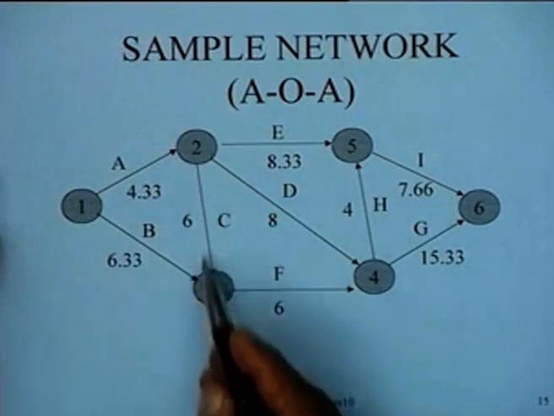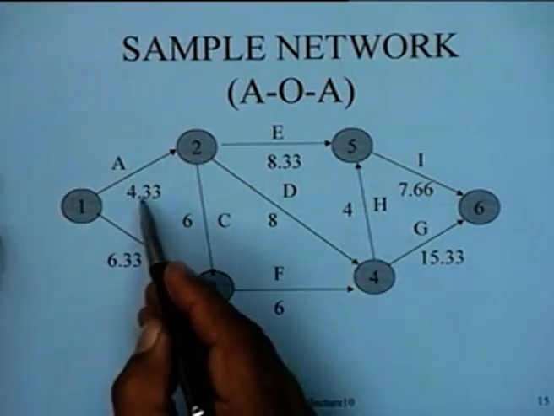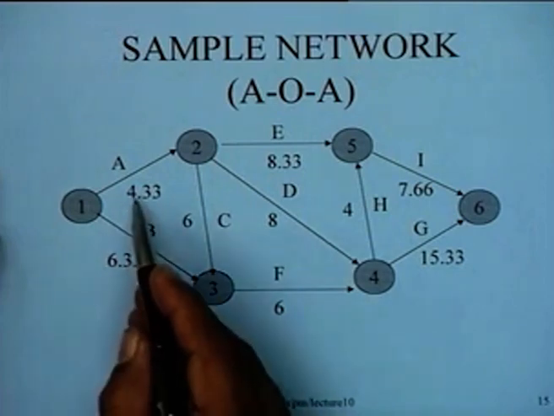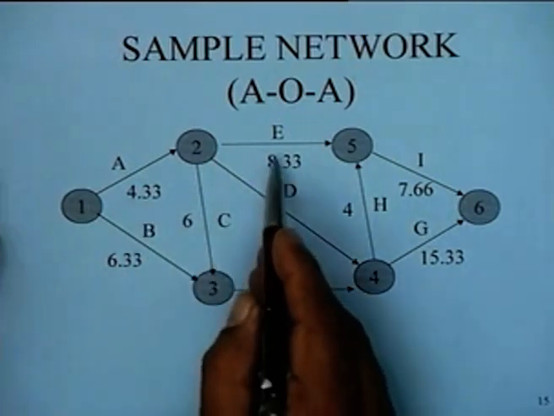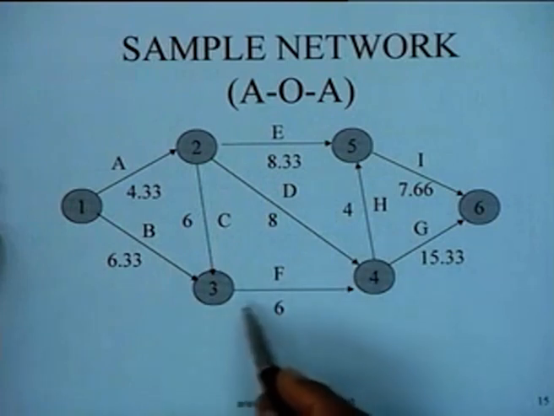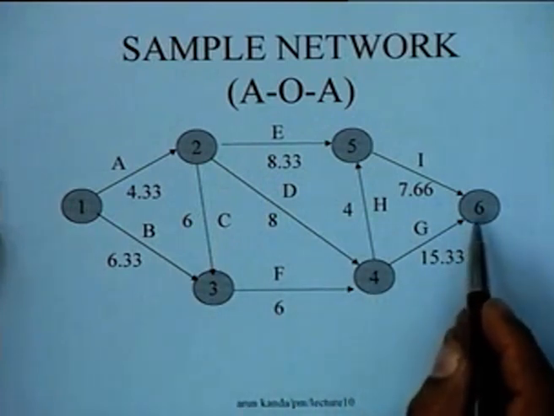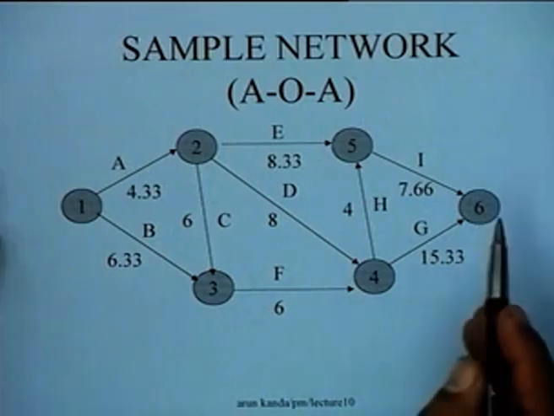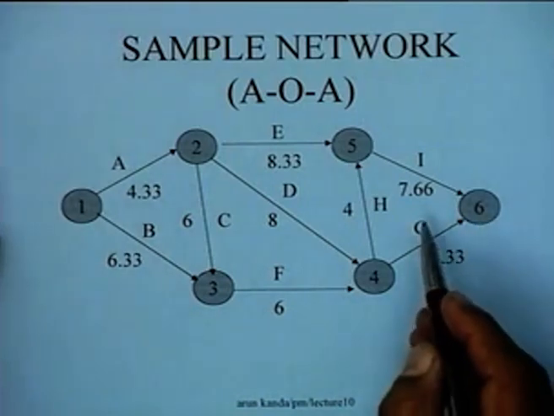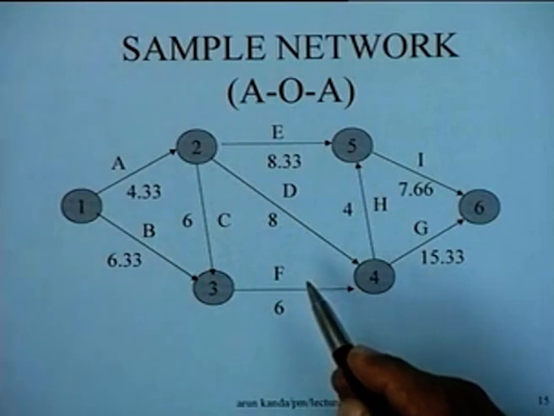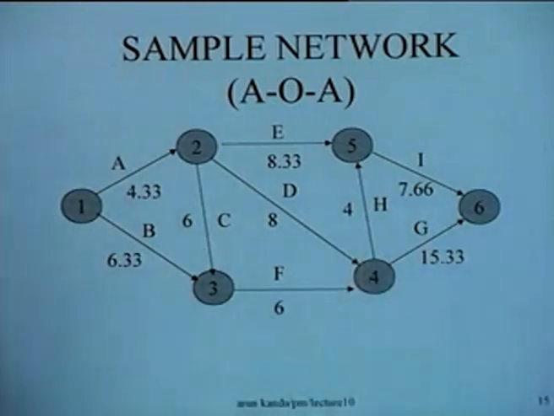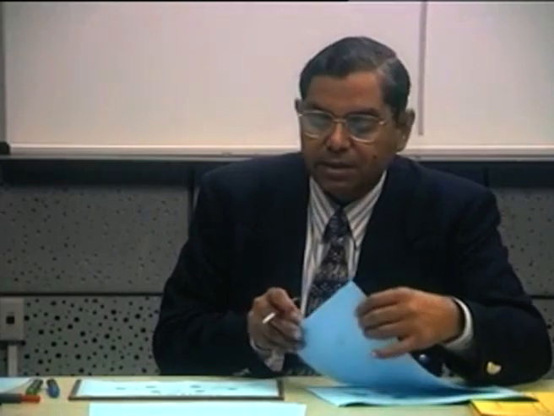The times shown adjacent to each activity are the expected values of the times for each of the activities, and we therefore have the entire network shown in this diagram. Now we will do a forward pass and a backward pass on this network and identify the critical path just as we had done here.